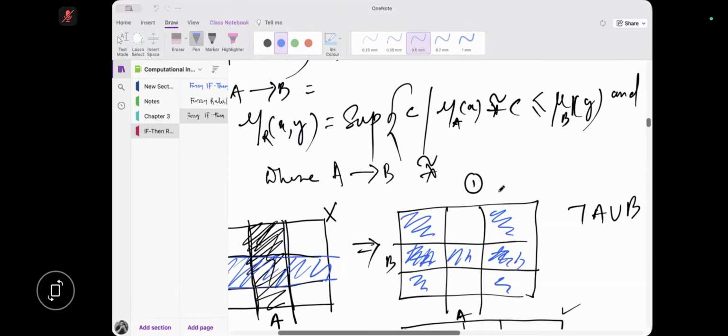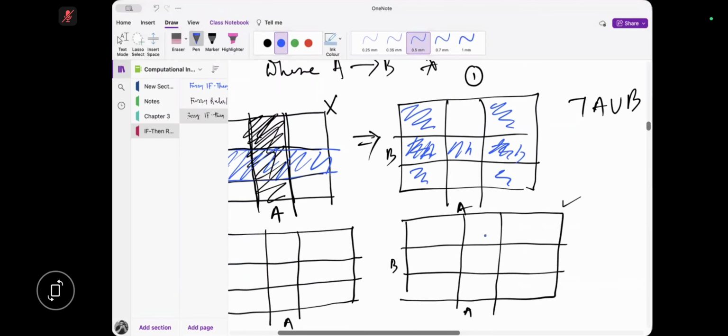Are you following? This will be the outcome. So this area would be the answer.